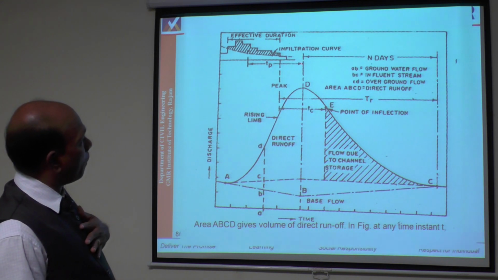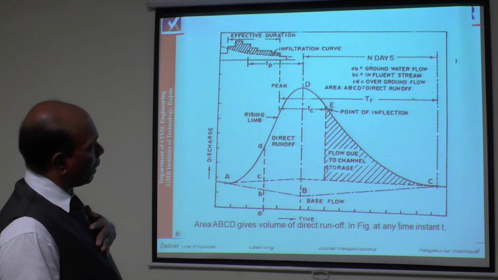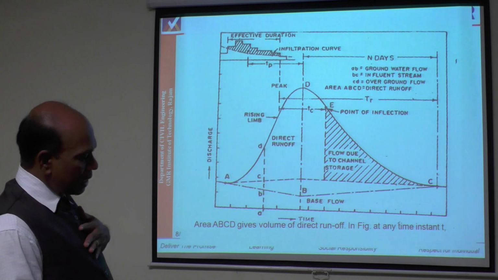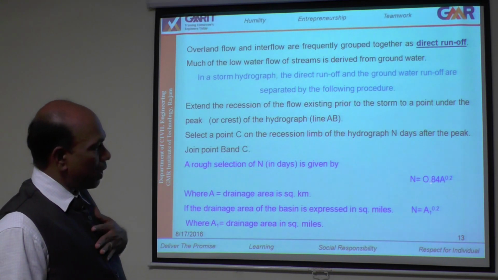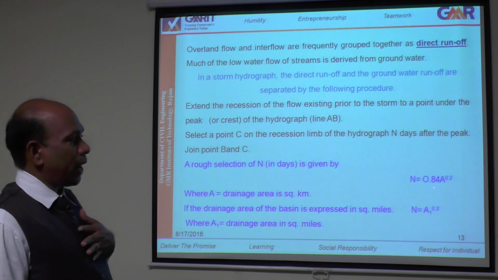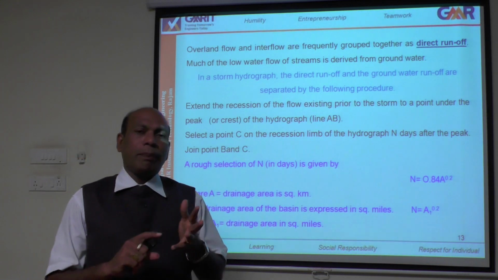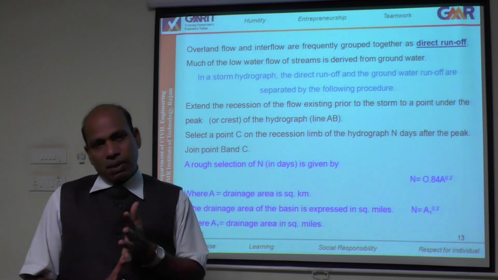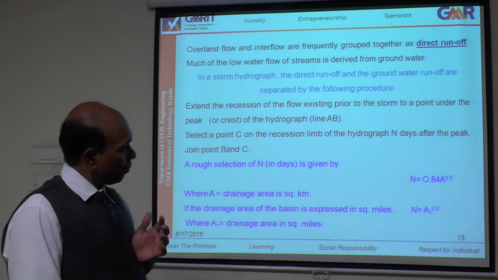This line is extended up to n days after the peak, where this is the hydrograph peak discharge. The n days is determined using this formula: n equals 0.84 A to the power 0.2. This is the n days after the peak, which also depends on the duration of the rainfall as well as the intensity of the rainfall.